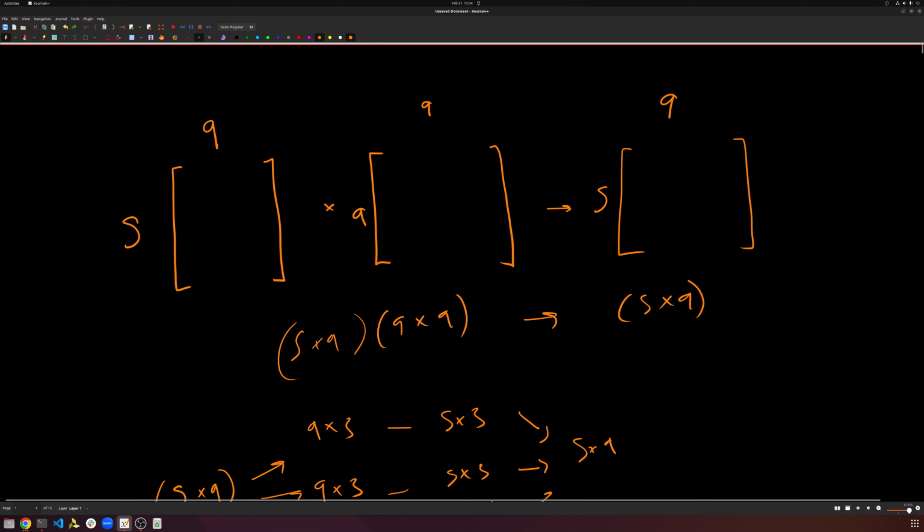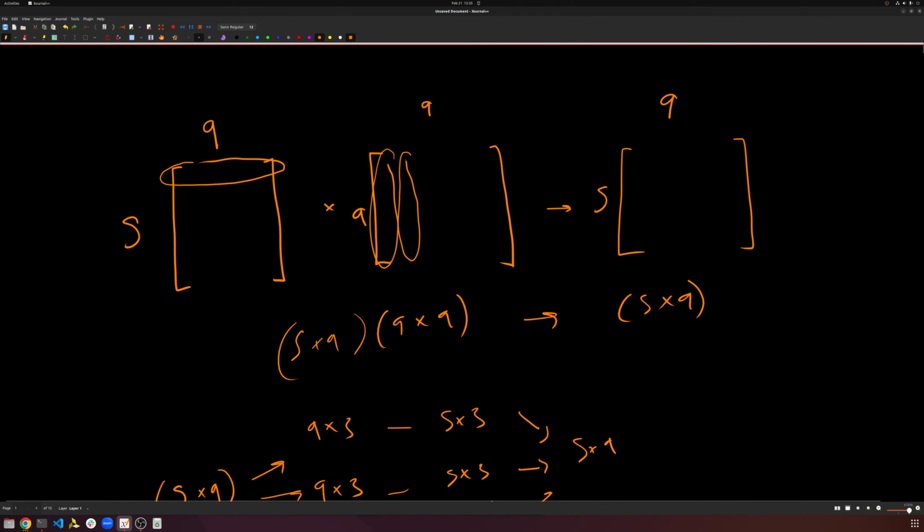So how does matrix multiplication work? We want to multiply the first row of S by this column, and then this row by the second column, and then this row by the third column. So this is the first chunk of 3, and then we'll have another chunk of 3, and another chunk of 3.